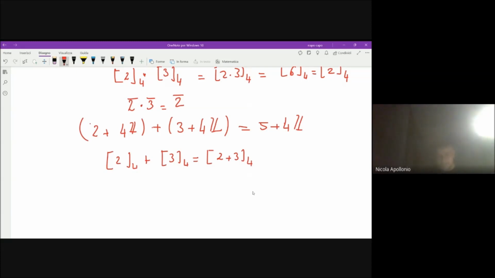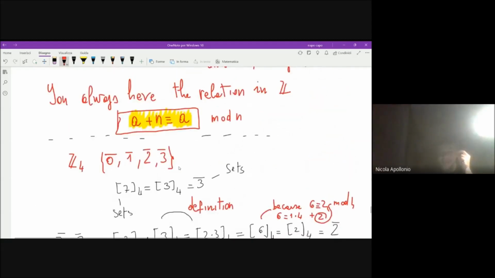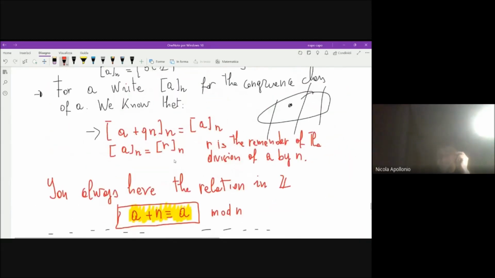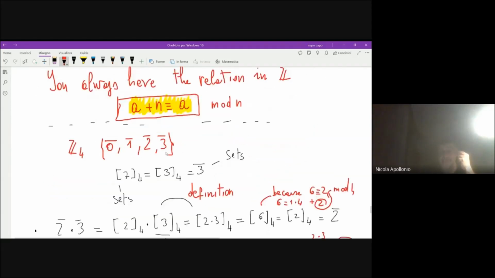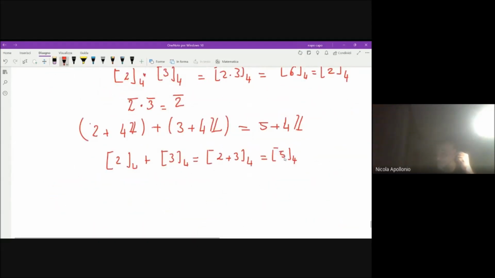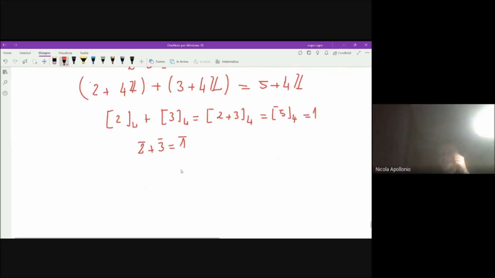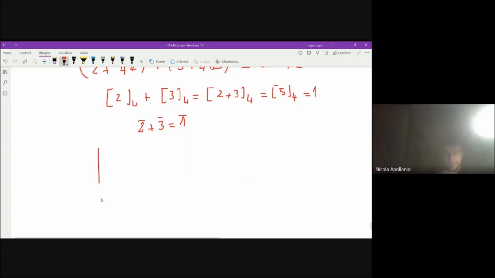But what is the class of a particular element? It is the class of its remainder when divided by the modulo. So what is the remainder of 5 divided by 4? It is 1. And you can write it in this way. And so in this way, you have already filled a part, for instance, of this table.